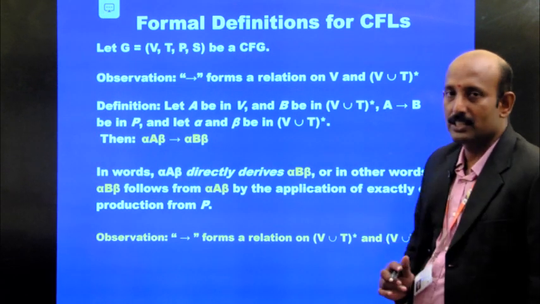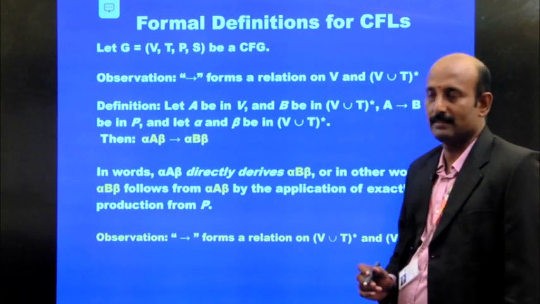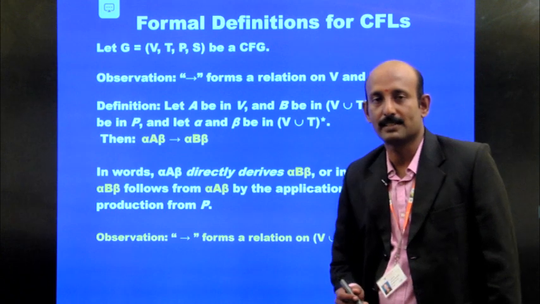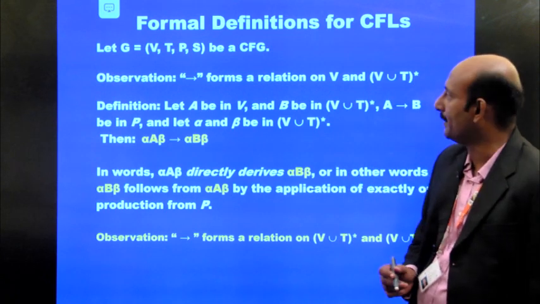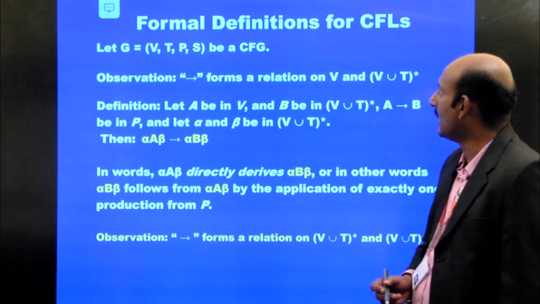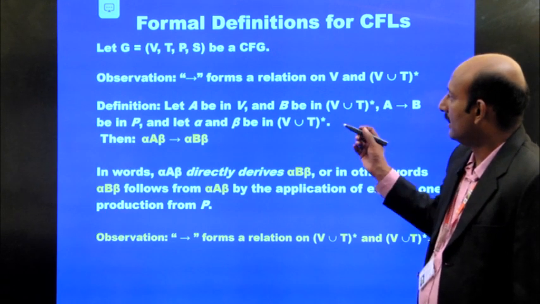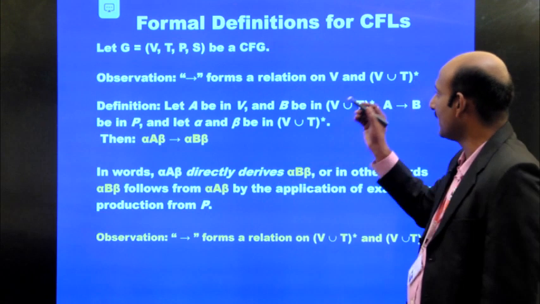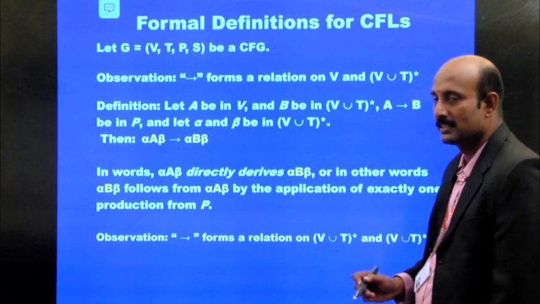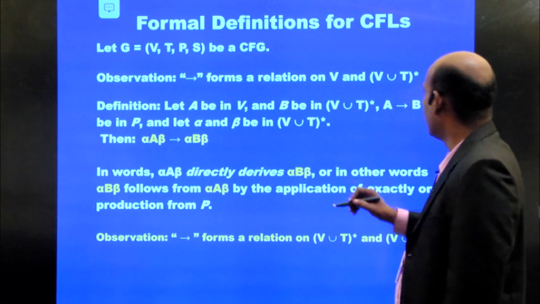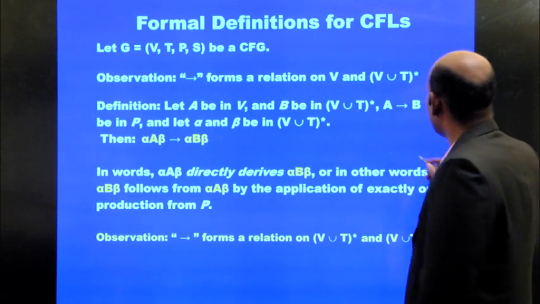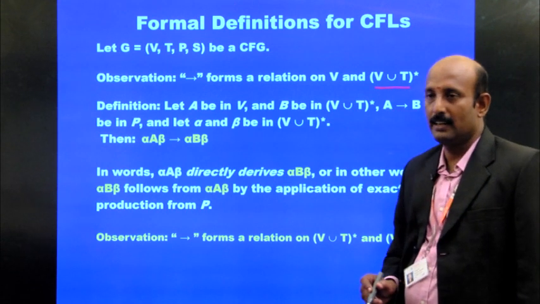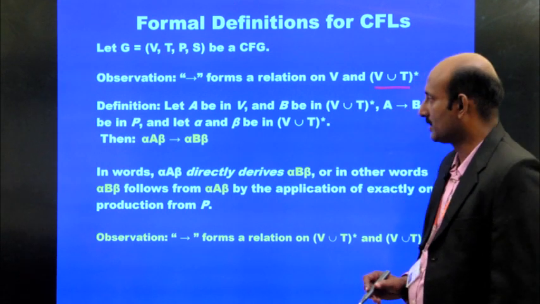Now the formal definition of context-free language. Let the grammar consist of the 4-tuple V, T, P, S, a context-free grammar. Then the observation is that implies, left-hand side implies right-hand side, is a form of relation on the variable V union terminal T star closure.